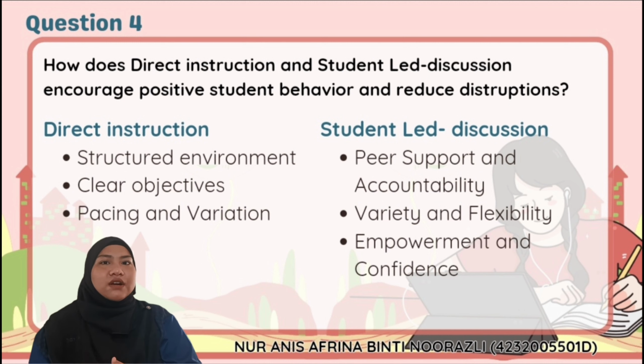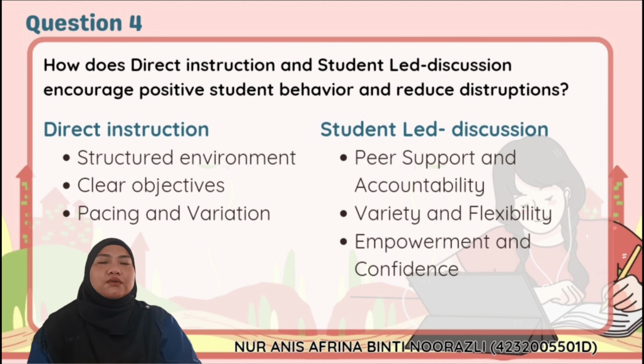First, for direct instruction, the first point is structured environment. A well-structured environment with clear routines and expectations helps students understand what is expected of them, reducing uncertainty and potential disruptive behavior. Second point is clear objectives.